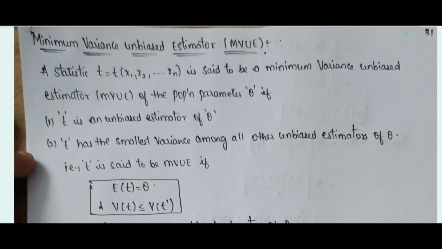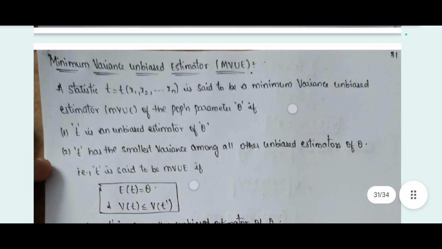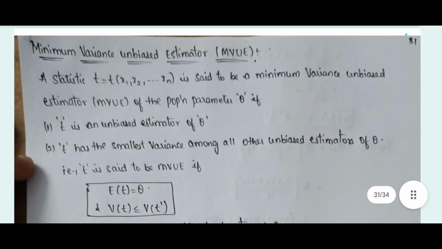Next, the minimum variance unbiased estimator. A statistic t equals t of x1, x2, x3 and so on up to xn is said to be a minimum variance unbiased estimator of the population parameter theta if, first, t is an unbiased estimator of theta.